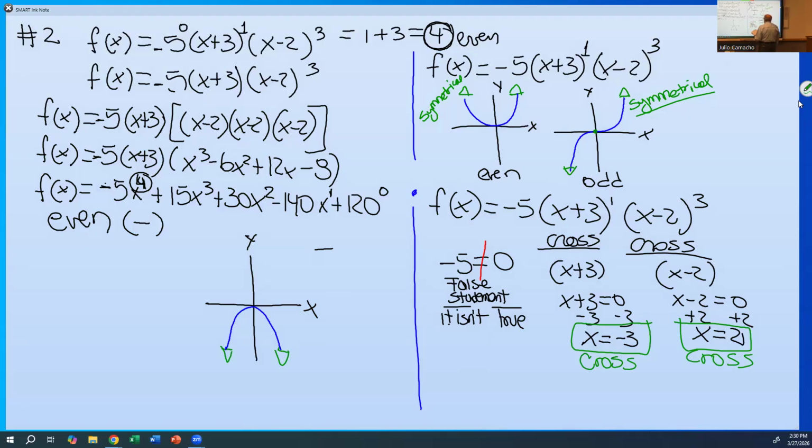But again, we know that the behavior of this graph is an upside down parabola because it's a negative even function.